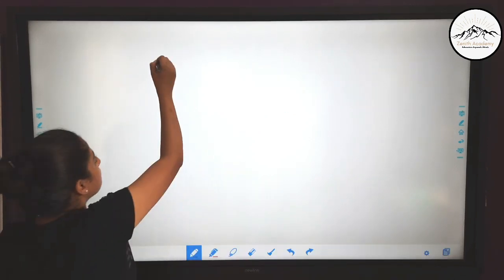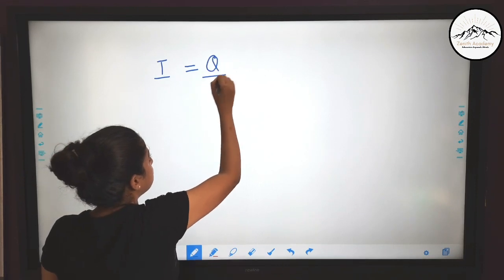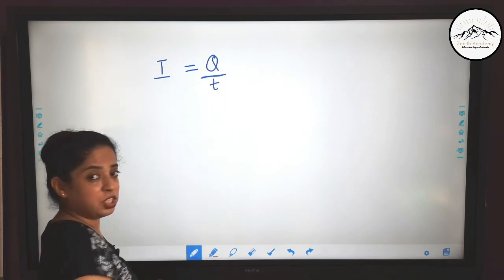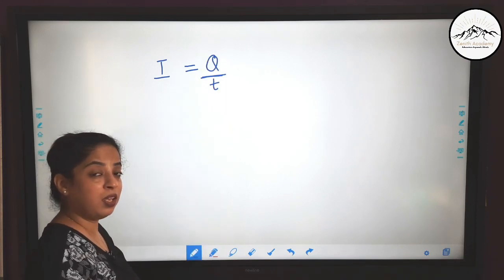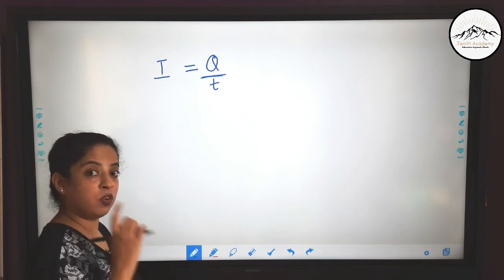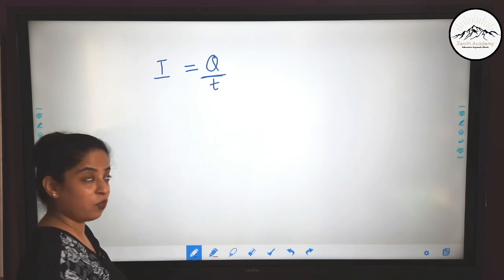So students, if I say current is total charge upon time, what is total charge? The charge is carried by electrons, so the total charge will be the charge on one electron into the number of electrons that are flowing through a cross section in 1 second.